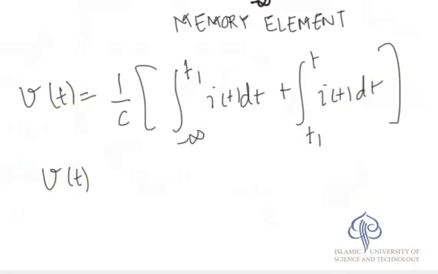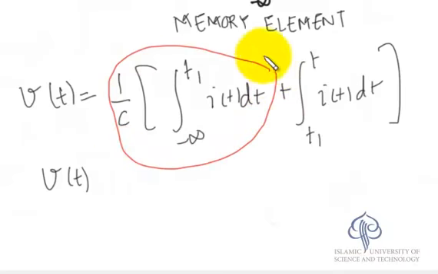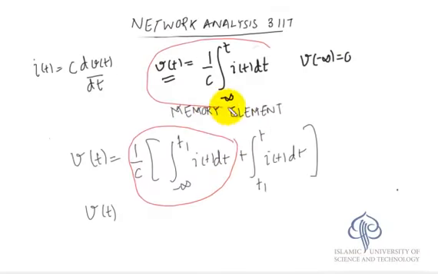If you see this equation, the first part of this equation, and compare the two, you'll see that you can write the first part of this equation as Vt1, because this is integrating all the currents up to T1, wherein you have defined the voltage as integrating all the currents up to time t.